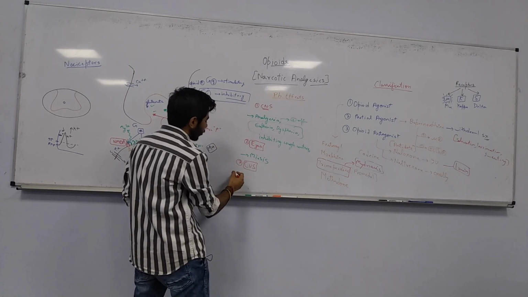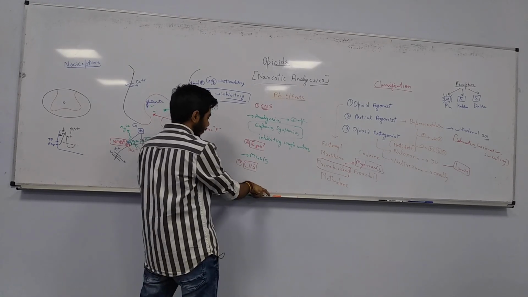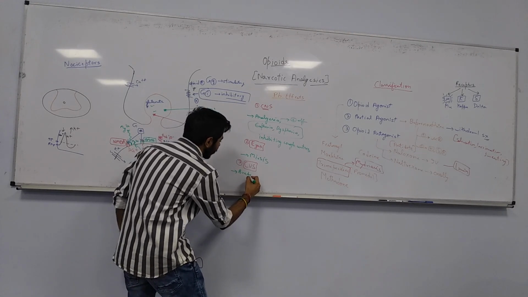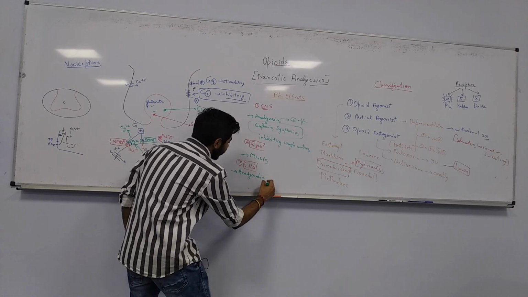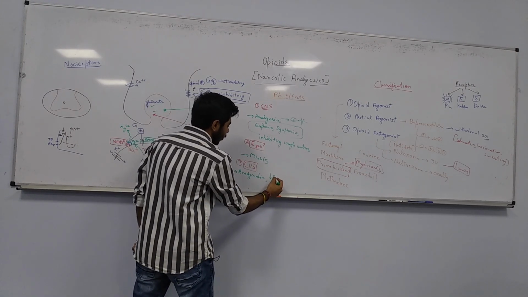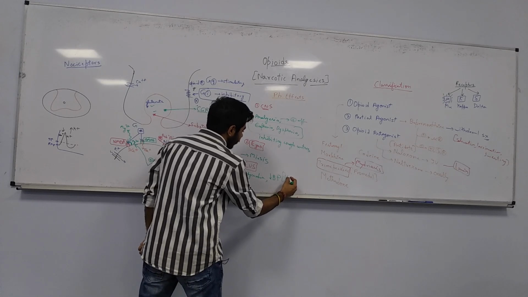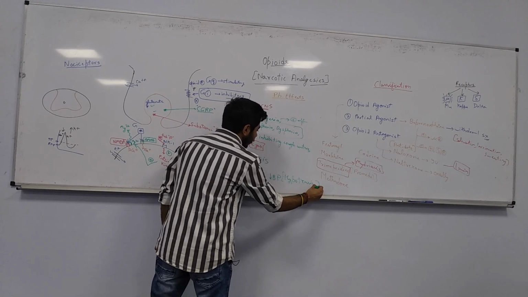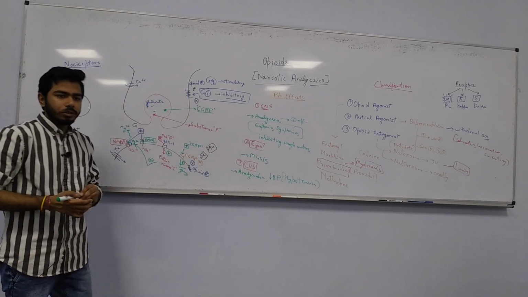In the cardiovascular system, it is decreasing the heart rate, so bradycardia may be seen in the patient. If it is decreasing the heart rate, then blood pressure will also drop. Decreased blood pressure, we can say hypotension. So that can be seen in the cardiovascular system.